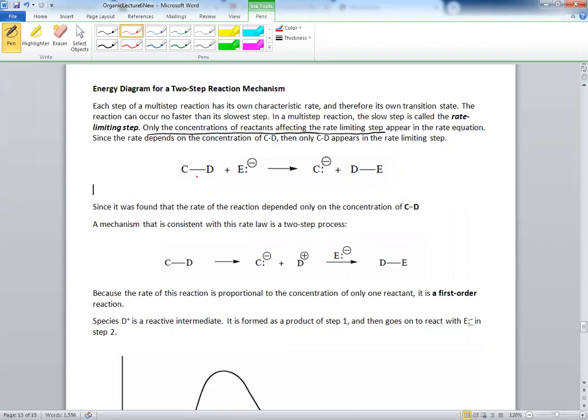If you double CD, you double the reaction rate. If you double E, then there's no change in reaction rate.